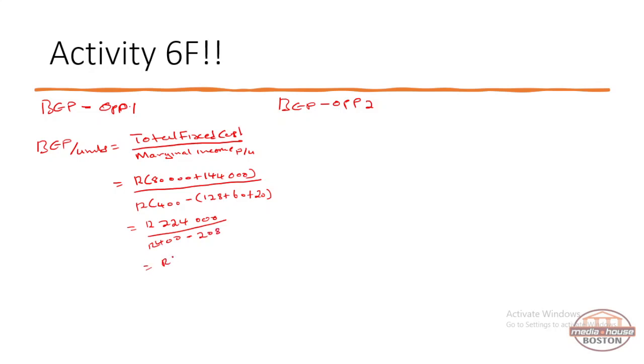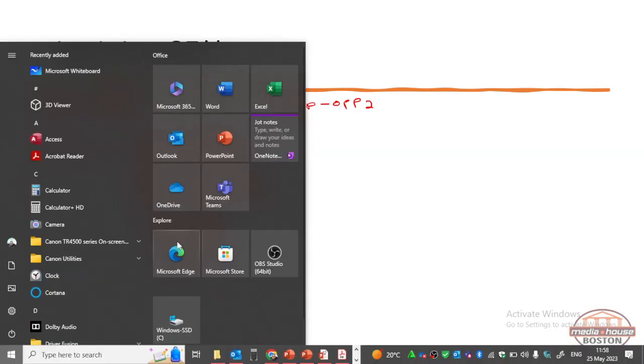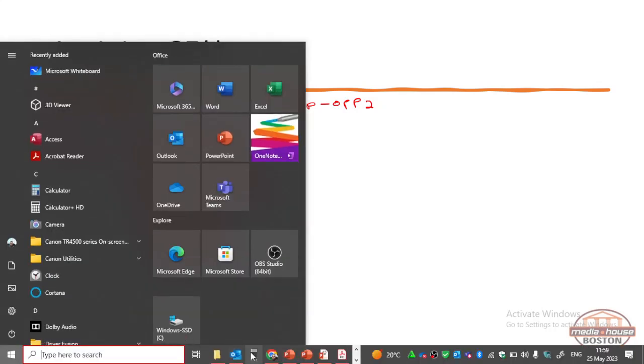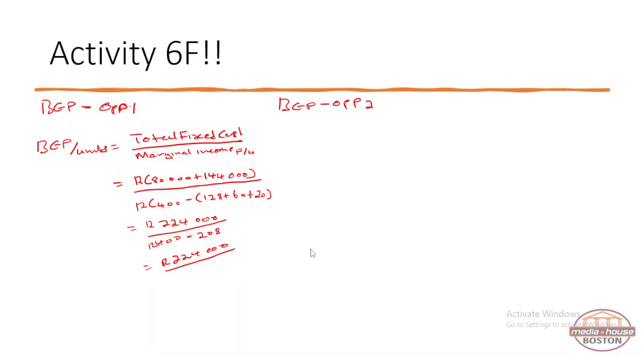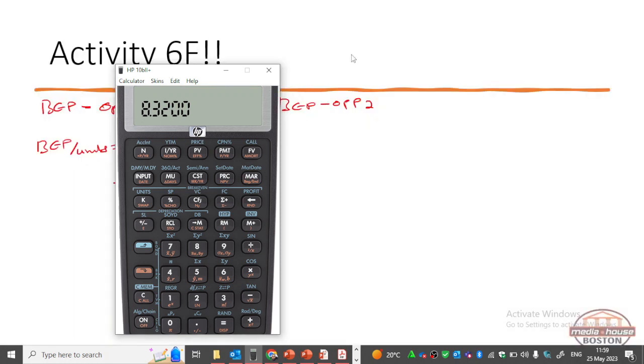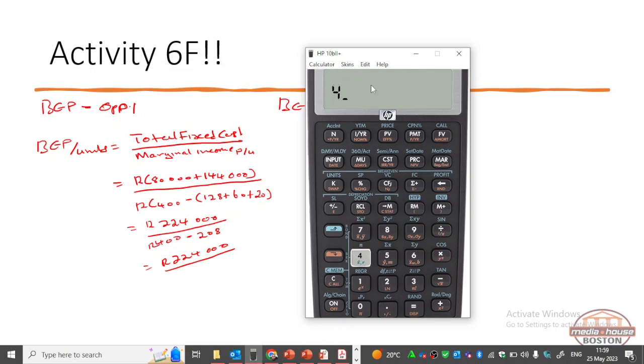So we're going to have 224,000 divided by our marginal income per unit, which is going to be 400 minus 208. I'm going to need my financial calculator to identify the amount. So 400 minus 208 is going to give us 192.